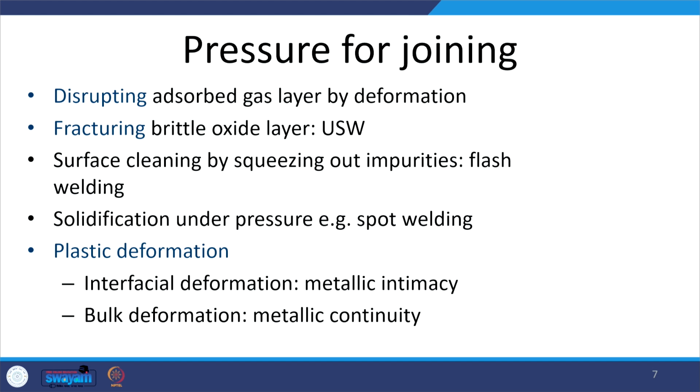Pressure is particularly used mostly in solid state joining, or in joining processes like resistance welding processes. Okay. So, in these processes, what are the different roles performed by the pressure when it is used during solid state joining or resistance welding?